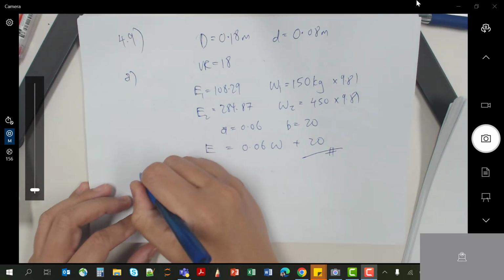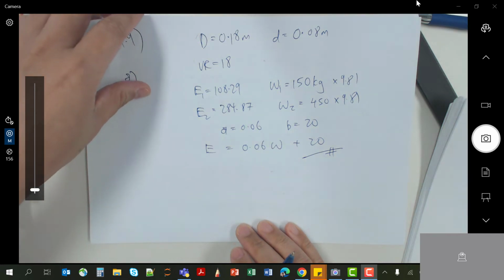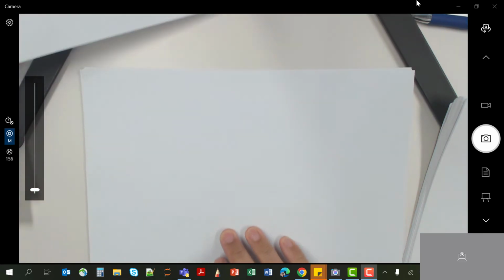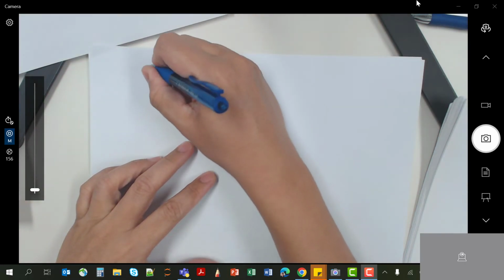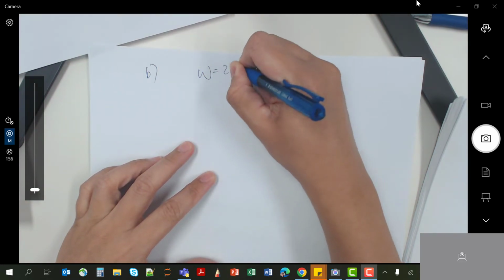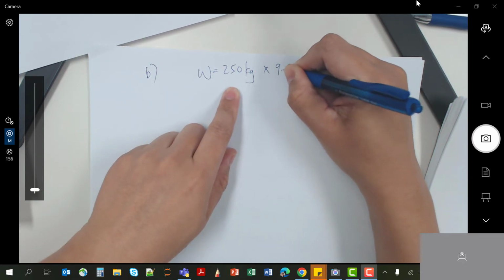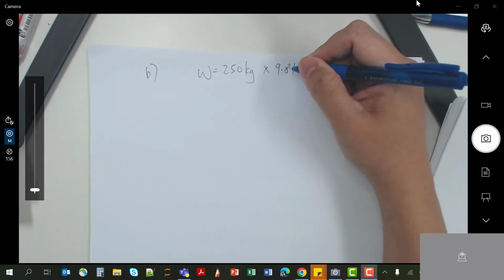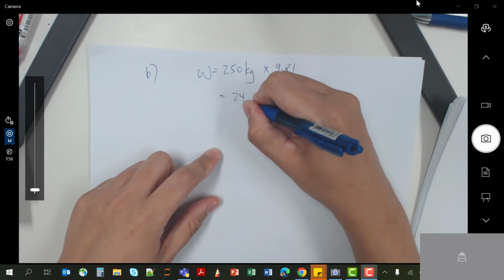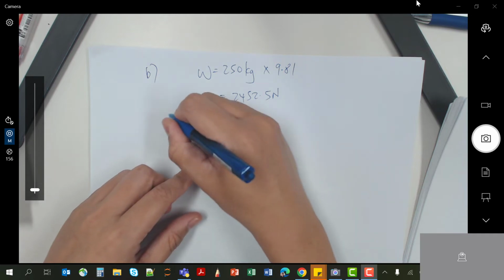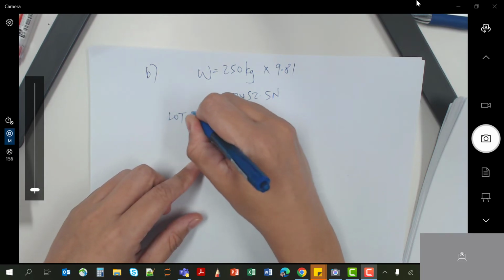Okay. B, the actual effort, friction effort, MA, and efficiency in lifting a load of 250 kilogram. Okay, so you multiply by 9.81. This is 2452.5 Newton. Okay, then you substitute into the law of the machine.